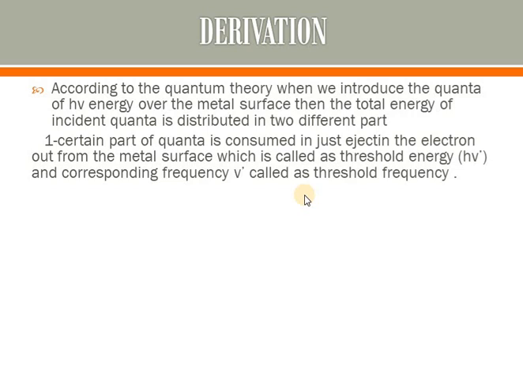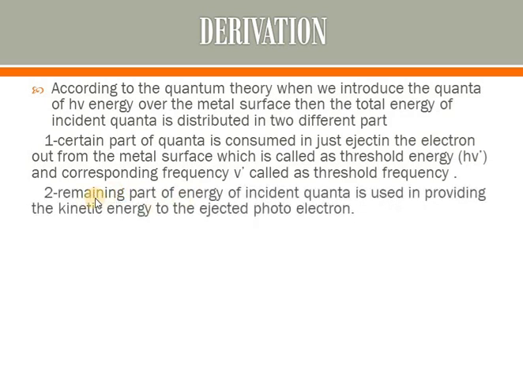If any incident quanta has energy or frequency less than this threshold limit, then the photoelectric effect phenomena will not be possible. Then according to the quantum theory of the photoelectric effect phenomena, the remaining part of the energy of the incident quanta is used in providing the kinetic energy of the ejected photoelectrons.